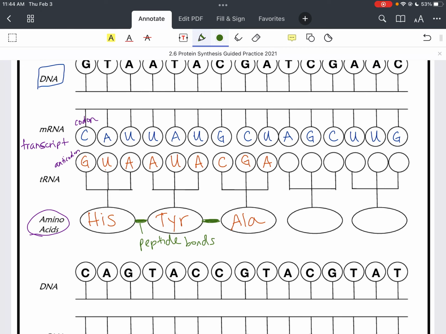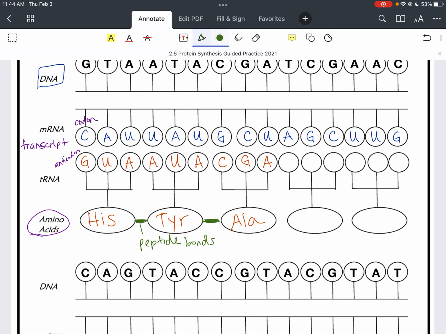So now you get that whole chain of amino acids, which makes your protein, right? When we were talking about macromolecules, our amino acids are our monomers, our individual pieces, and they conform together to make our folded protein that serves some function, some purpose.